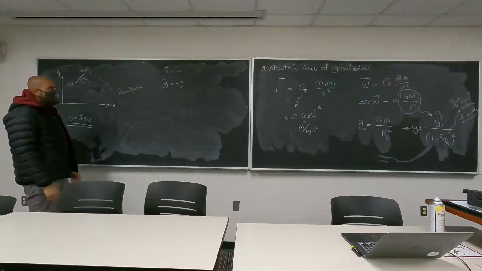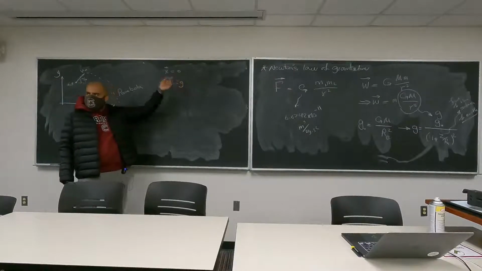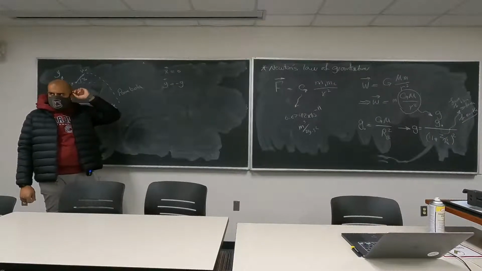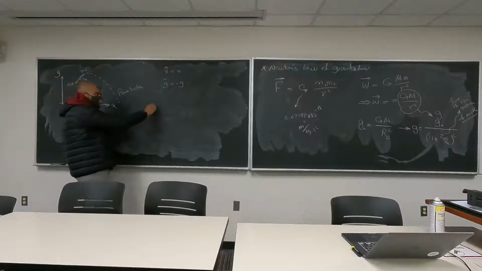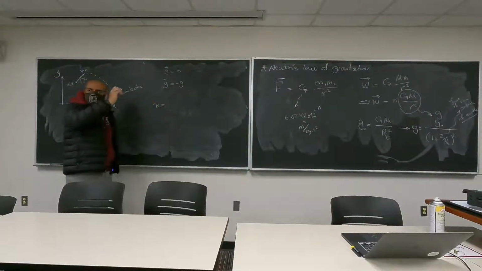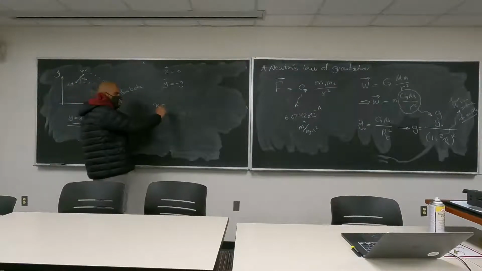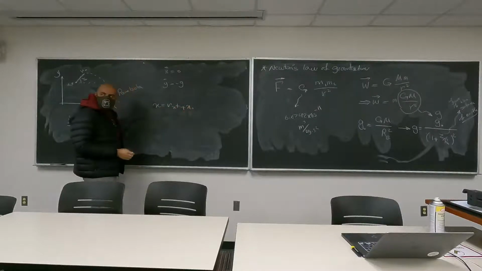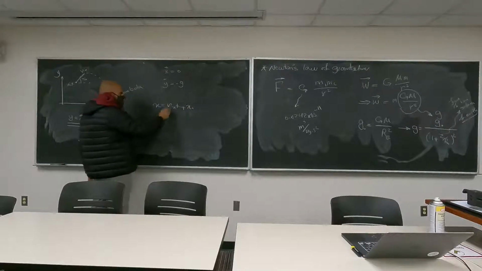That's a non-accelerating motion in the x direction, right? You can also take the integral twice. Go ahead. x equals what? Vx t plus x naught, right? What is Vx?